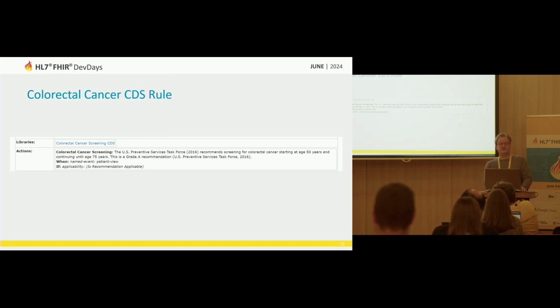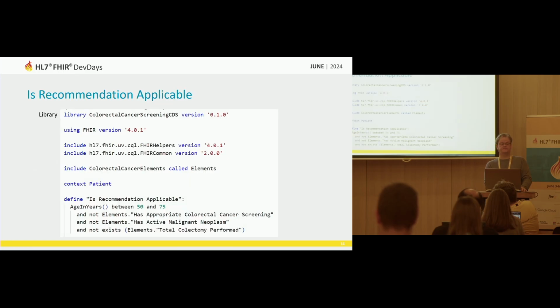Colorectal cancer screening, U.S. Preventive Services Task Force recommends screening, and it references that library. The if applicability is recommendation applicable. So this is saying there's an expression in this library called is recommendation applicable that I'm going to run on this patient to evaluate whether or not to show this screening.